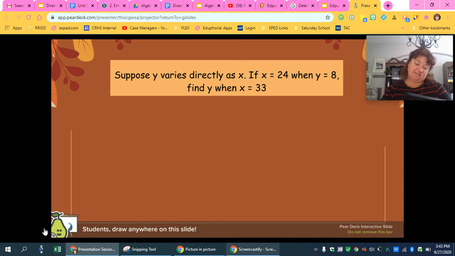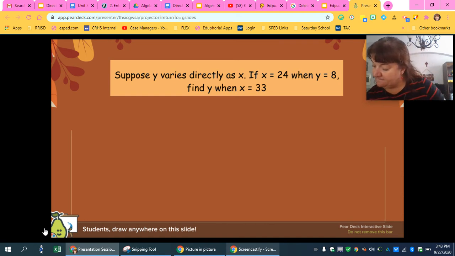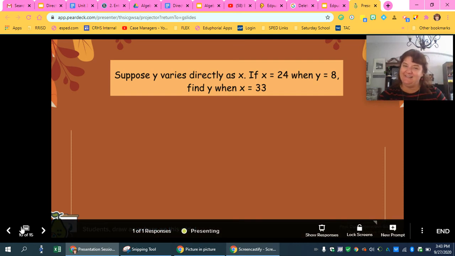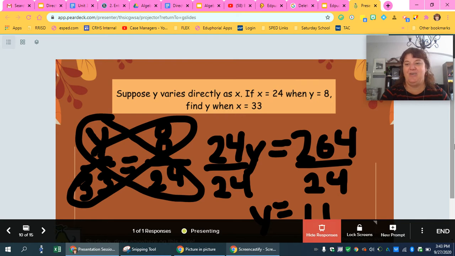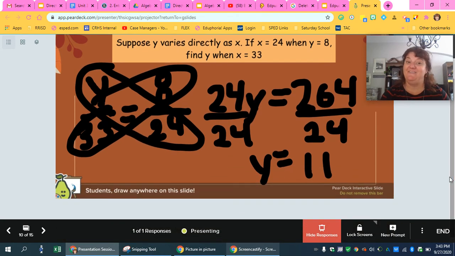You should be doing this. And then I'm going to solve my equation. And I have my answer. Did you get your answer? Let me show you what I got. Y equals 11.